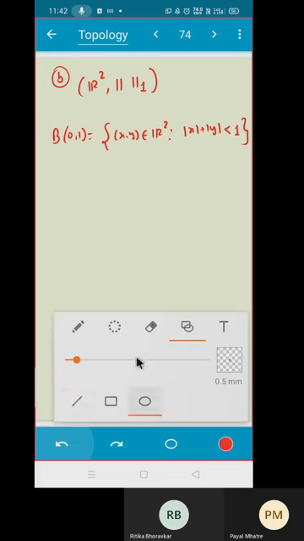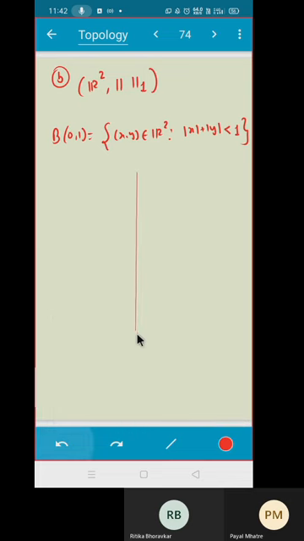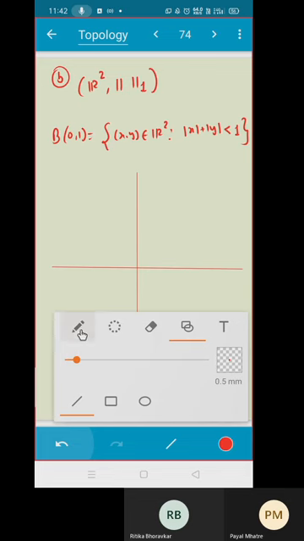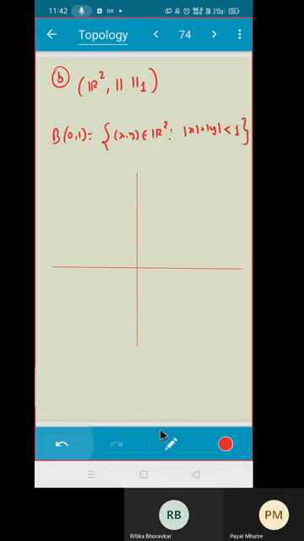I'm taking circle. Yes, what do you think the graph would be? Mod of x plus mod y is less than 1.